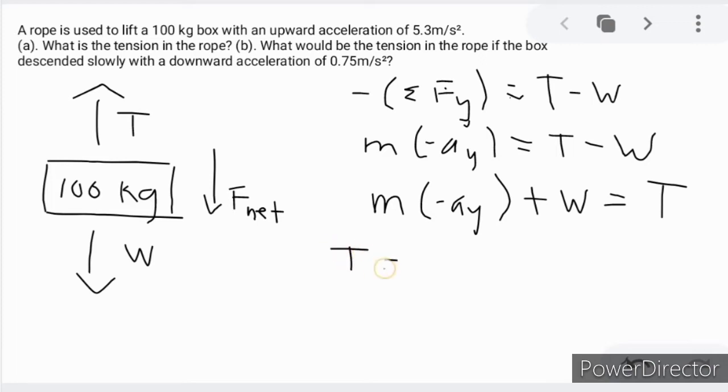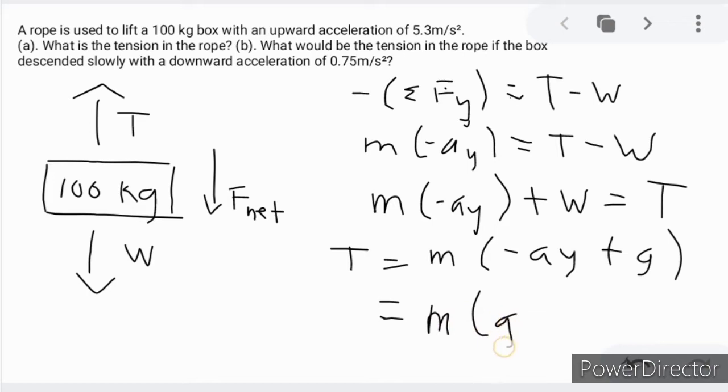So we can write it as mass times the quantity of the negative acceleration y and the gravity. After knowing this equation, to make it in a static view, we can write it like this.